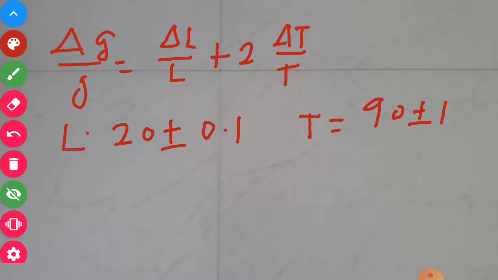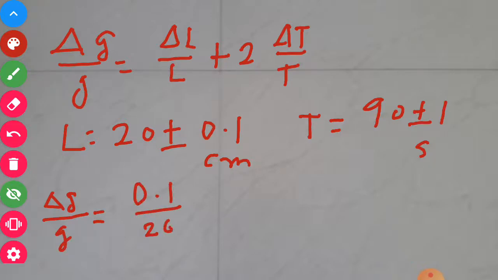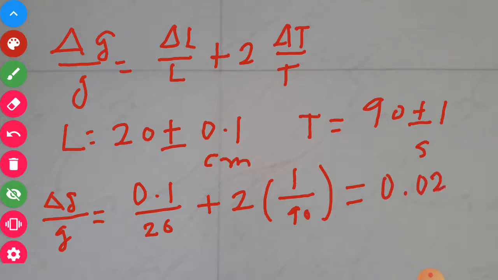This is for length, in centimeter, and the other is for time, in second. So delta g upon g can be written as 0.1 upon 20 plus 2 times 1 upon 90, and if you simplify this, you will get 0.027, or roughly 0.03 if you round it off.